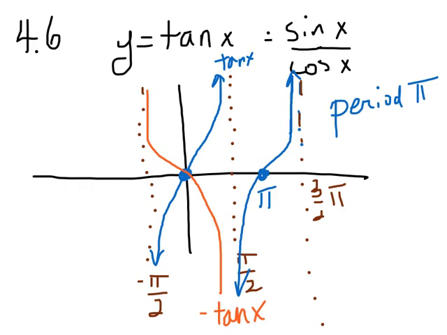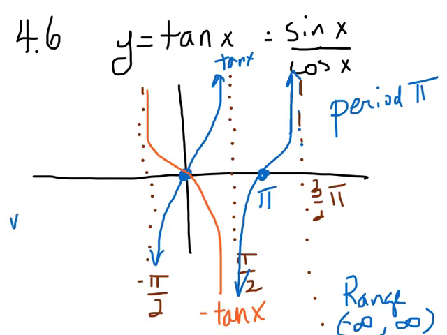The range, the y values, is from negative infinity to infinity, so we could write that this way. Probably want to start using these set notations. You remember, if you use a rounded bracket, that means that you don't include that value, and the only reason we would put it on negative infinity to infinity is that we never can quite get there, right? You always get bigger or smaller.